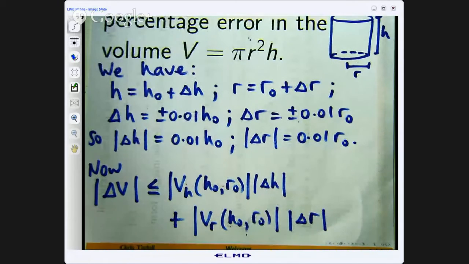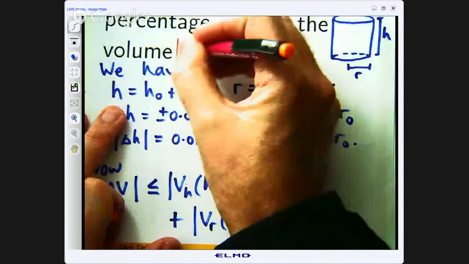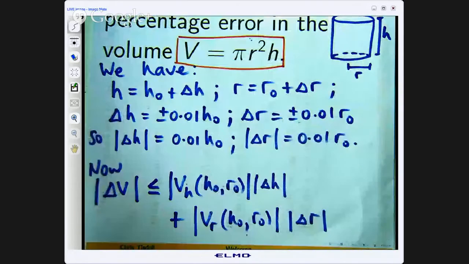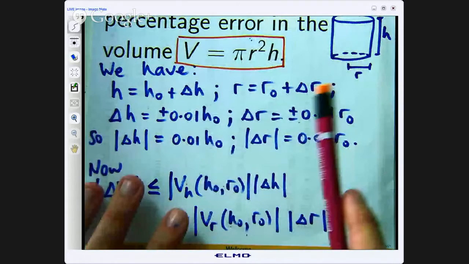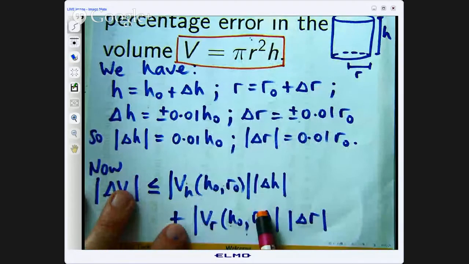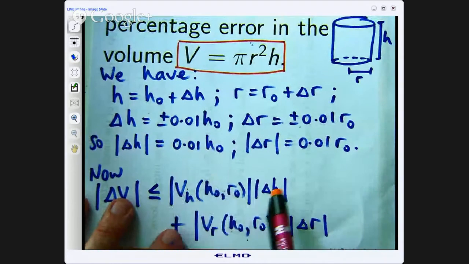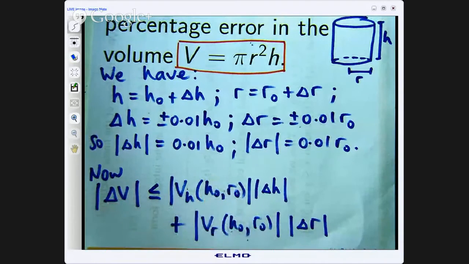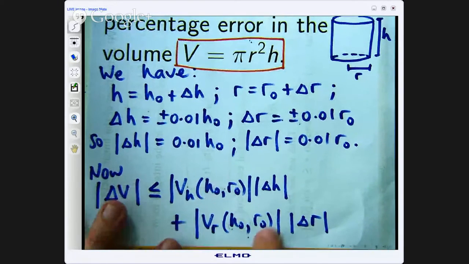Okay, so we've got this expression here. What we're going to do is compute the partial derivatives that appear here and evaluate them at h naught and r naught. Okay, and then multiply through by these.